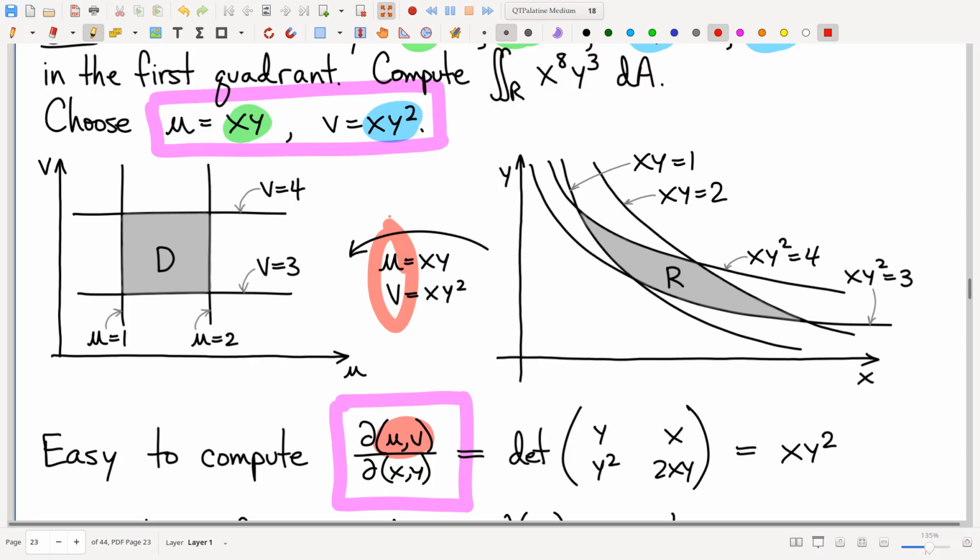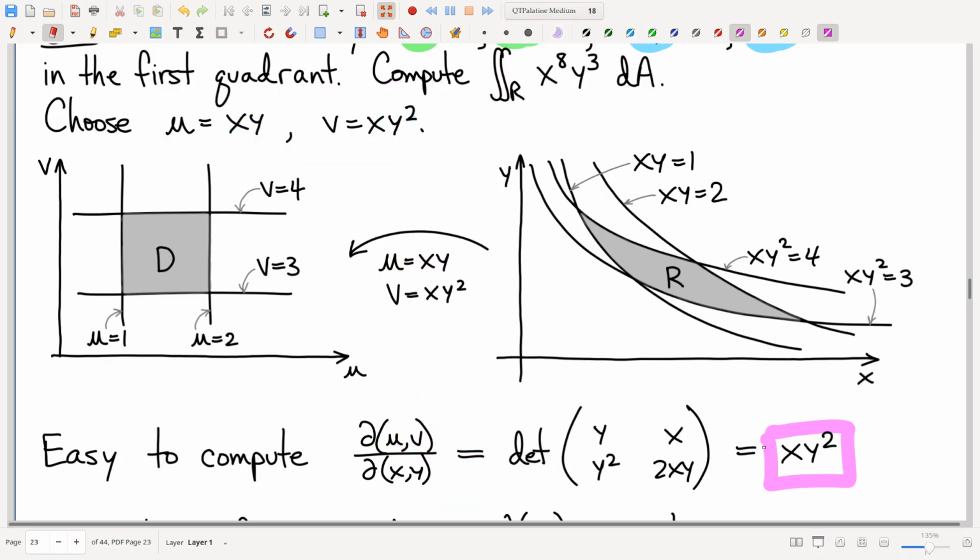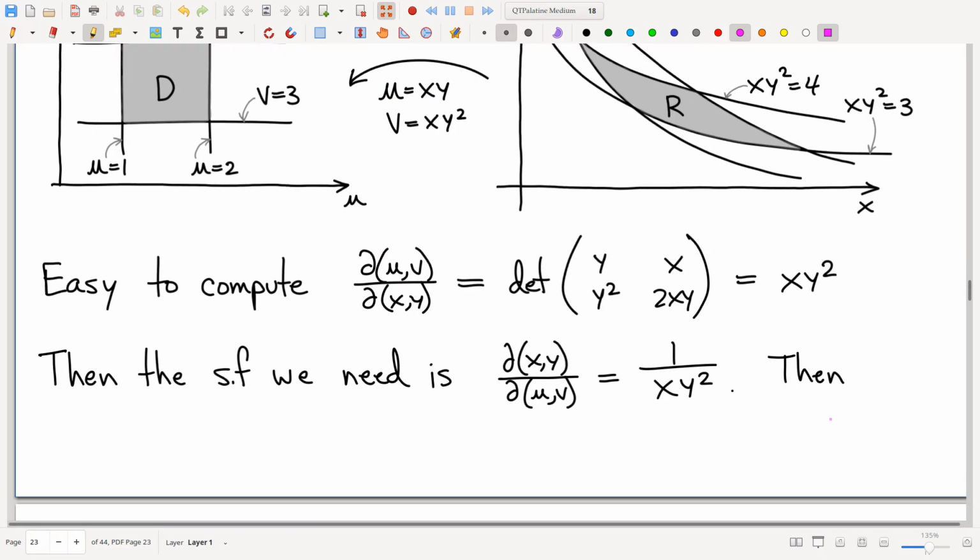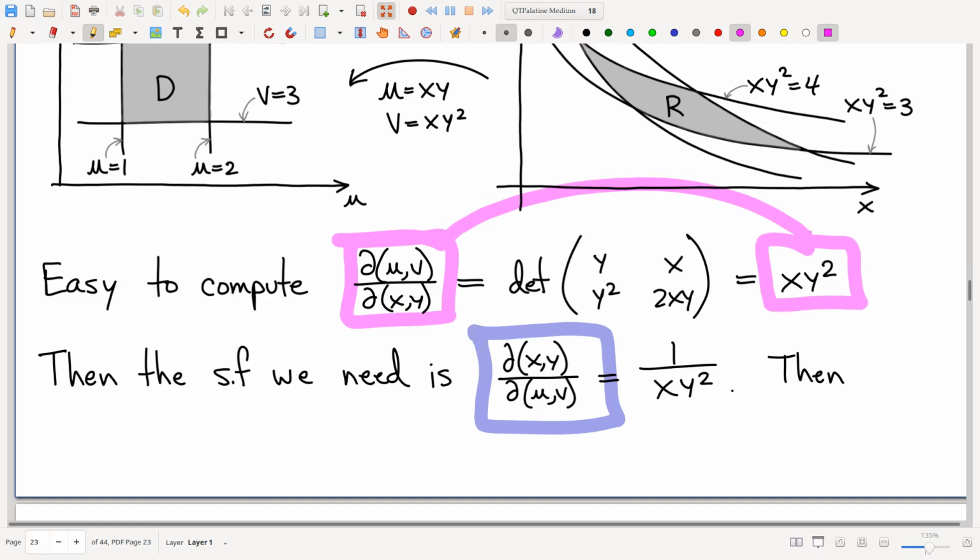I can compute partial uv partial xy, and that is just a matter of computing various partials and taking the determinant, blah, blah, blah, and you get an answer. But that's not what I'm going to need. What I'm going to need is partial xy partial uv. And that, of course, is the reciprocal of what I just computed, partial uv partial xy.